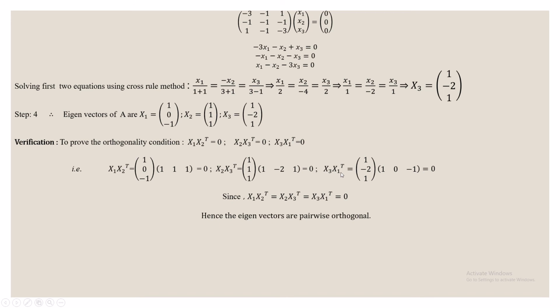And then X3 X1 transpose. X3 is what? 1, minus 2, 1. Take the transpose of X1, which is 1, 0, minus 1. Okay, you get 0. So for all three conditions, the orthogonality conditions are equal to 0. All are equal to 0. Now the given eigenvectors are pairwise orthogonal, hence the solution.